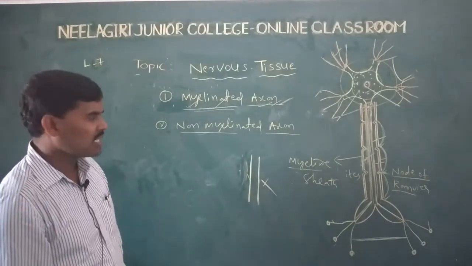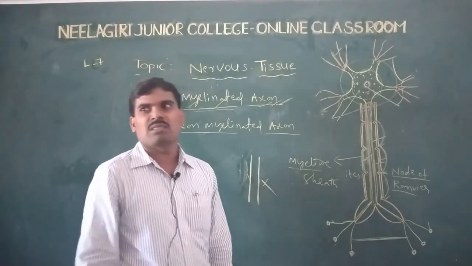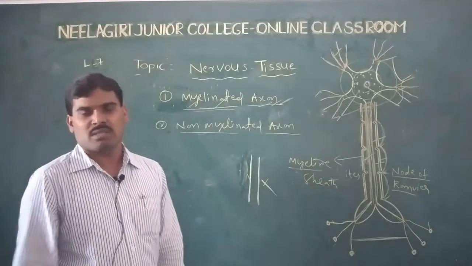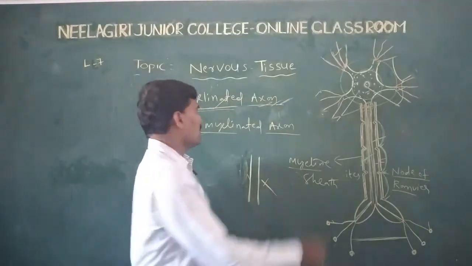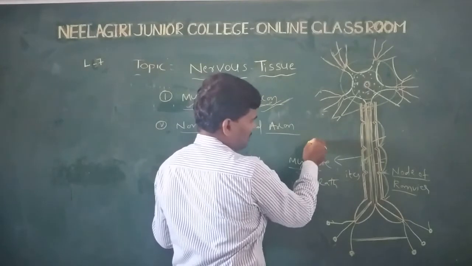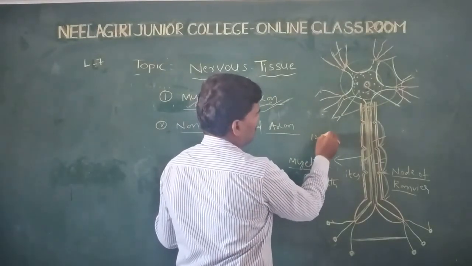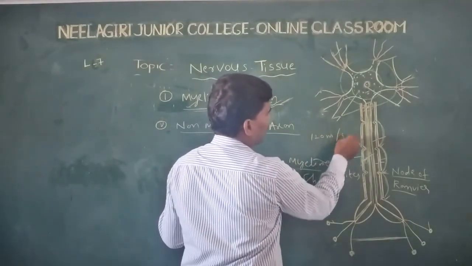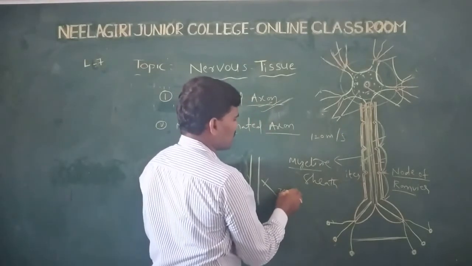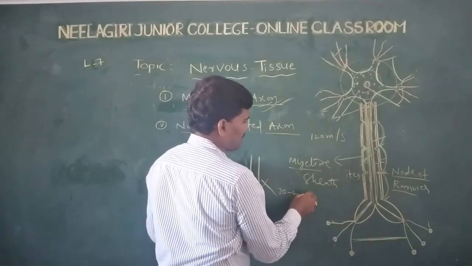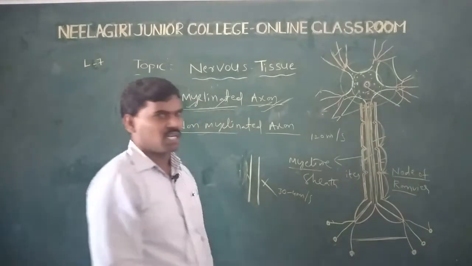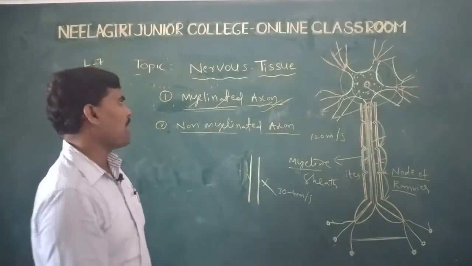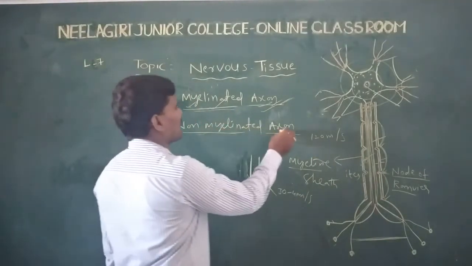In non-myelinated neurons, nerve impulse transmission is slow. In myelinated axons the nerve impulse travels at up to 120 meters per second, but in non-myelinated neurons only 30 to 40 meters per second. That is the difference between myelinated and non-myelinated axons.